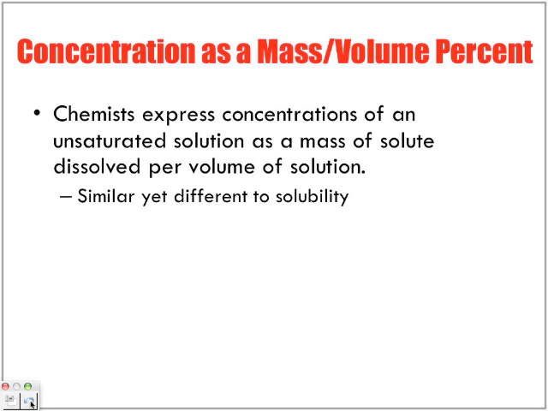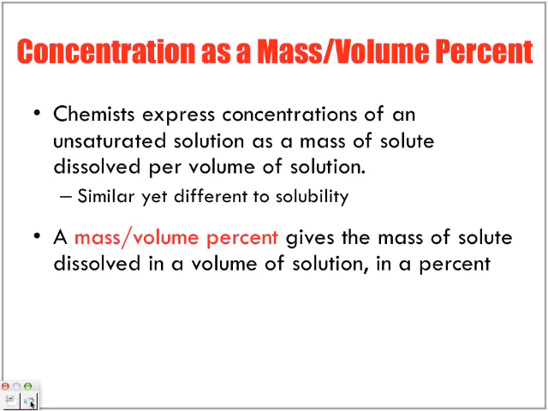And we have here what we call an unsaturated solution, which means I have room to put more solute in if I want to, but I'm not going to put the maximum amount of solute. So a mass volume percent gives the mass of a solute dissolved in a volume of solution, and it's referred to in percent form.